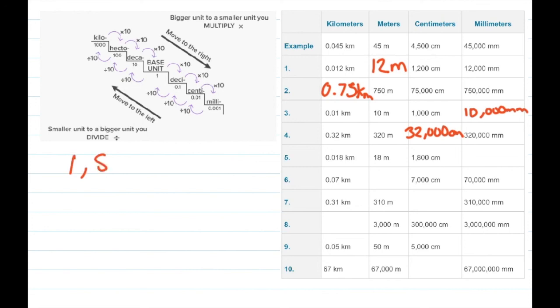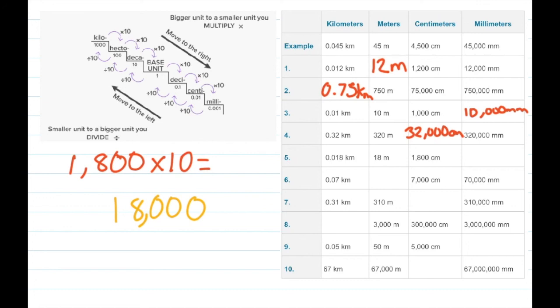This is 1,800, and we're making it into millimeters, so we're just adding a 0 to the original number. If I add 1 zero, it's going to be 18,000.